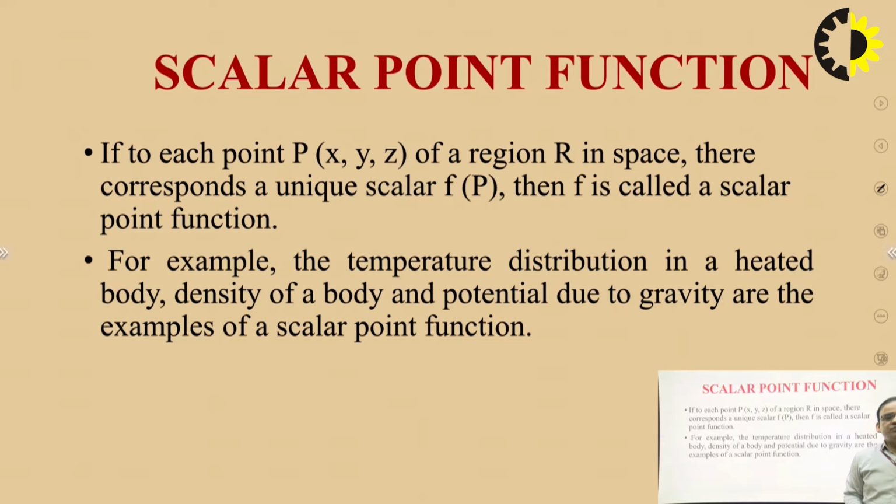The temperature distribution in a heated body is an example of the scalar point function. Density of a body is another example. Potential due to gravity is also an example of the scalar point function.